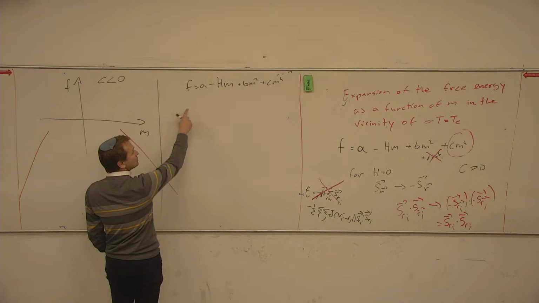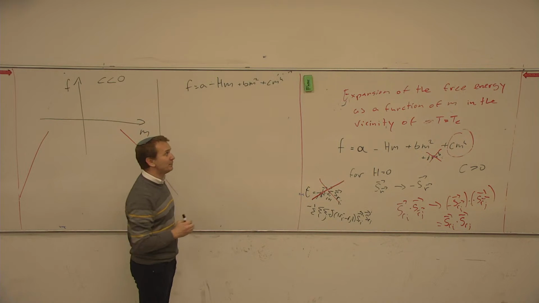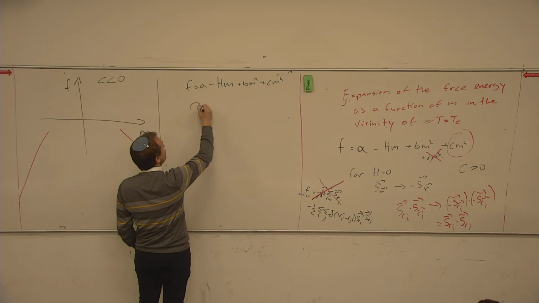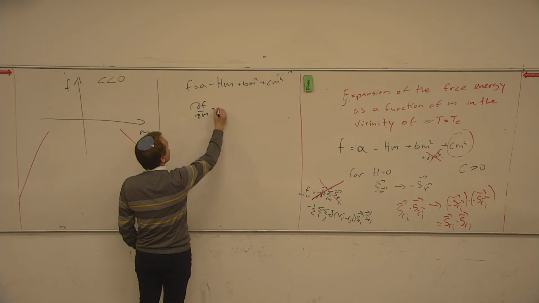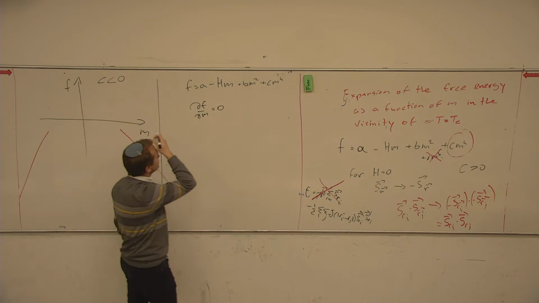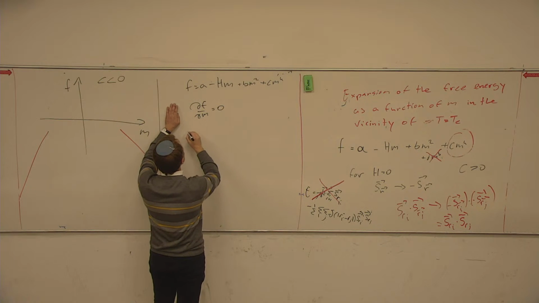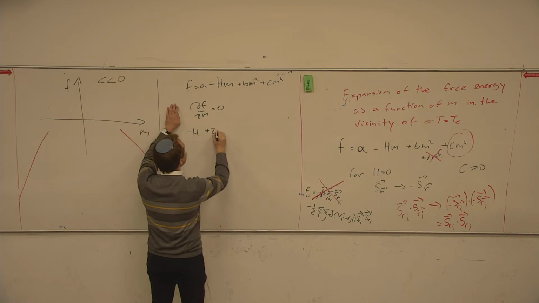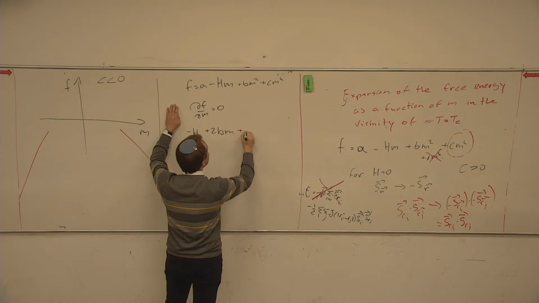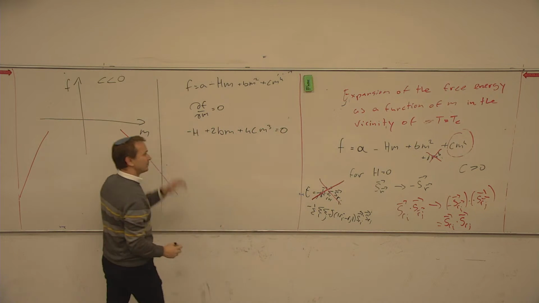All right. So how this function looks like, we don't know, right? But let's take the derivatives. We want to say df/dm equals 0. Let's look for saddle points of this function. Okay, so what's happening over here? A does not care, so we have minus h plus 2bm plus 4c m to the third equals 0.